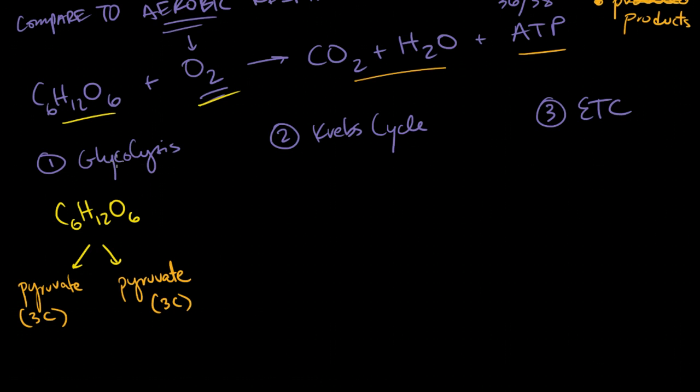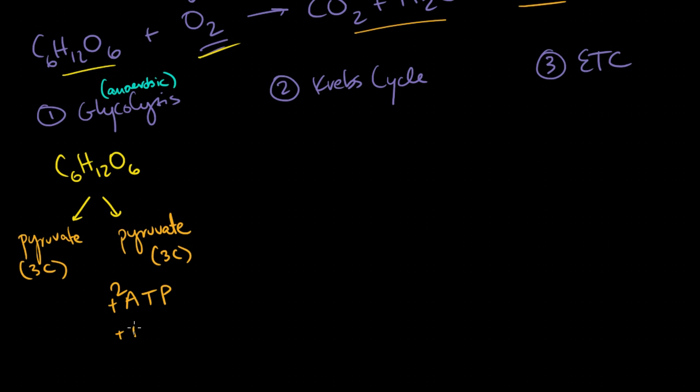There's no oxygen. So sometimes glycolysis can be referred to as anaerobic. This part of it is officially and technically anaerobic, but it is a requirement of aerobic cellular respiration. The real reason is that there are a couple other products that come off of this: 2 ATP molecules, and some NADH molecules, which are carrying the hydrogens from the glucose.